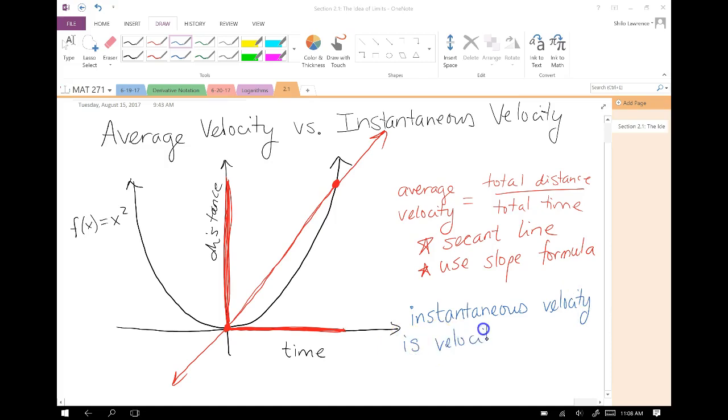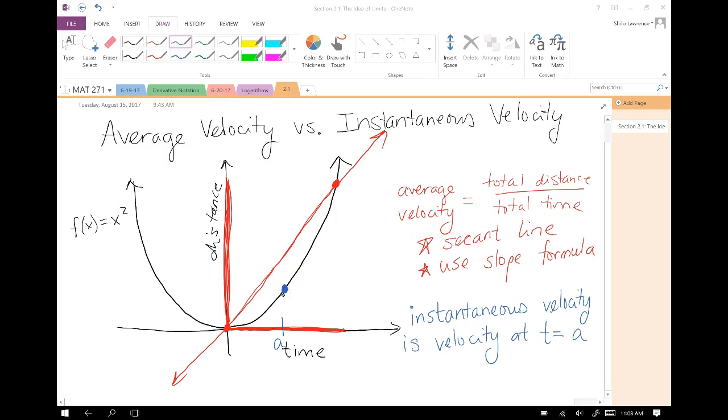So it's our velocity at t equals, I'm going to say A. It's just at one specific moment in time. So I'm going to say t equals A. So if that's time A, I want to know how fast I'm going at that exact moment in time. So we only know one point on the graph in that case.